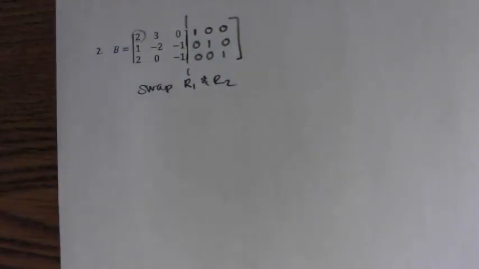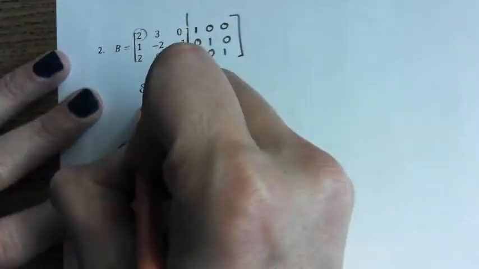Okay? And by the way, it's worth telling you now, there's multiple ways to do the same problem. Some people might decide to divide everything by 2, especially if that 3 was a 4 or something and it could divide nicely. It really wouldn't matter, but it will make the work of 2 different people look very different. They should still end up at the same spot though. So just keep that in mind. But I'm just going to swap here because I don't like fractions.